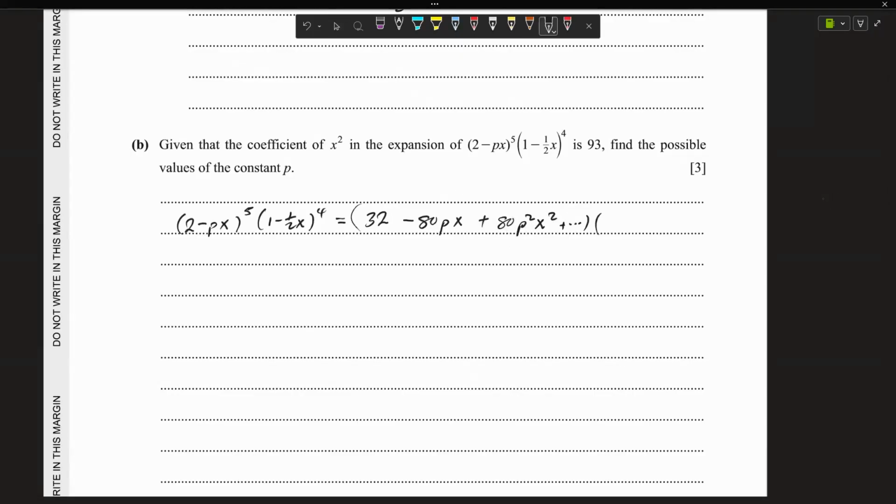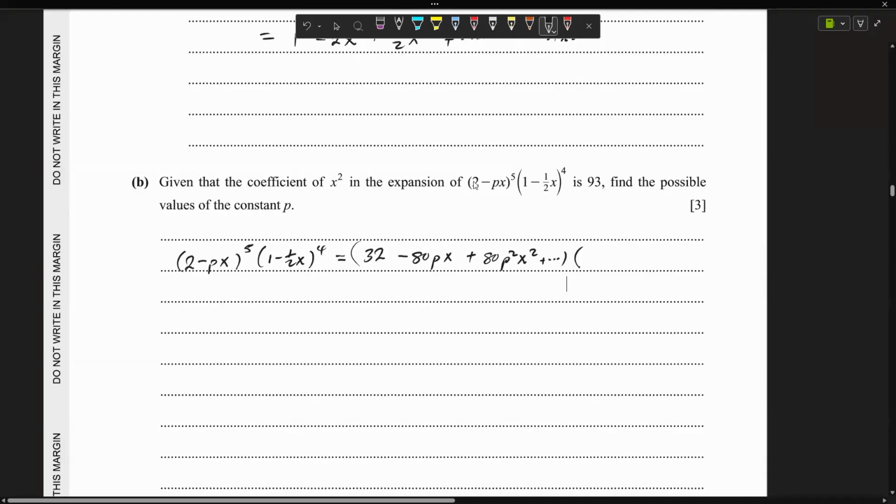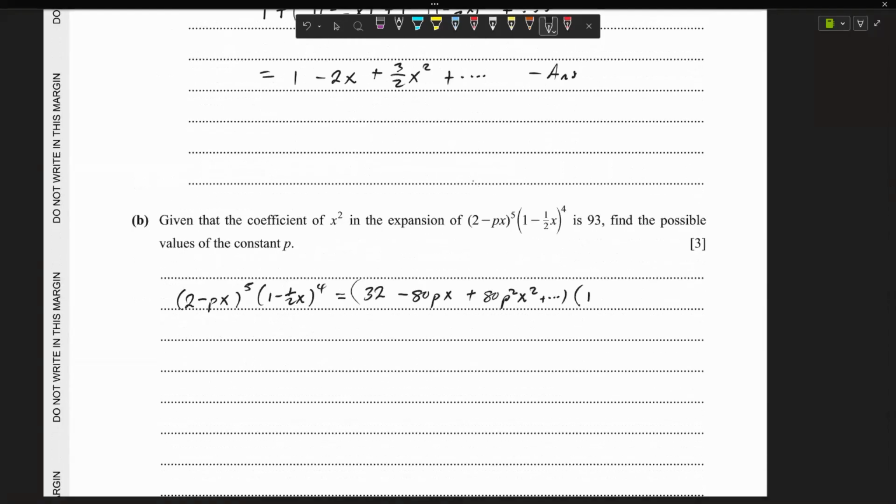And from the other expansion, let me resize this so that everything can fit, we got 1 minus 2x plus 3 over 2 of x squared plus on and on and on, like that.